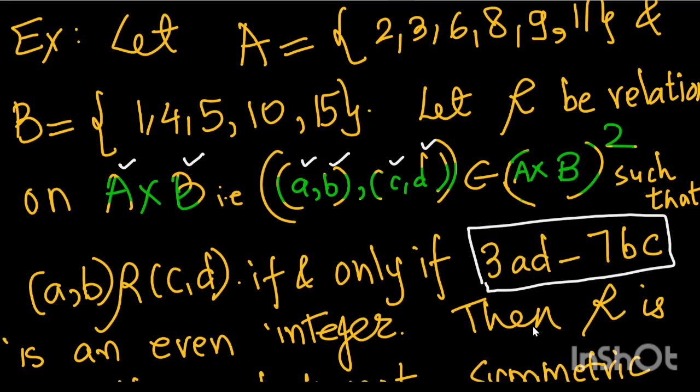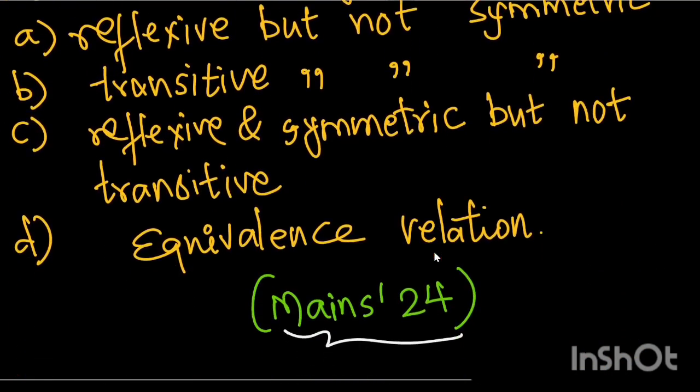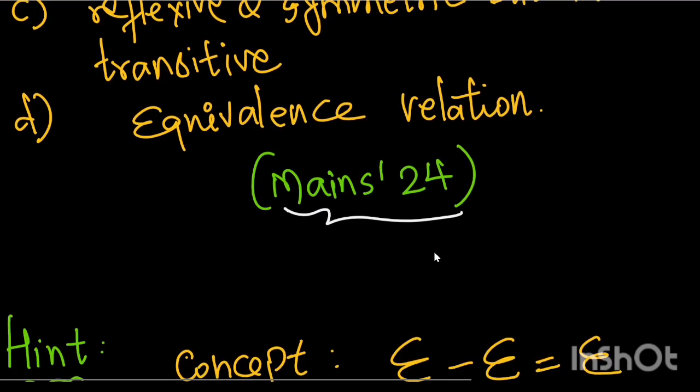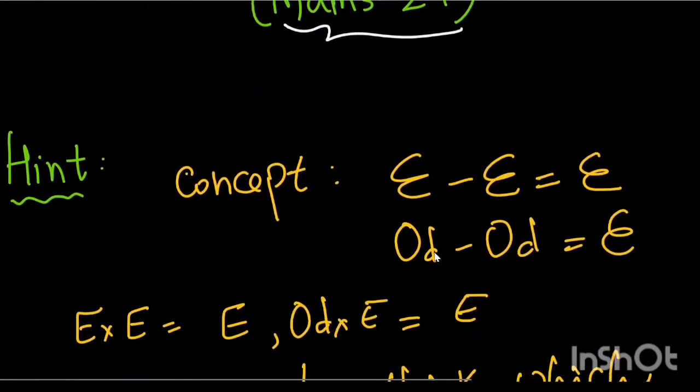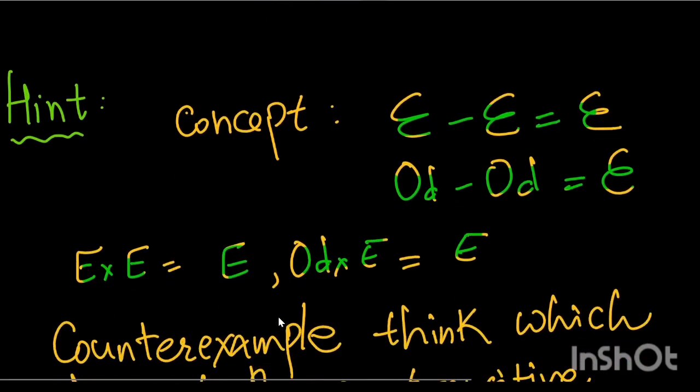So it's all about the concept of even-odd multiplication and addition-subtraction, because then only can we get an even number. The basic thing is that even minus even and odd minus odd are both even. In a product, if at least one is even, then the product is even. It is odd only when both numbers are odd. Odd into odd is only odd.